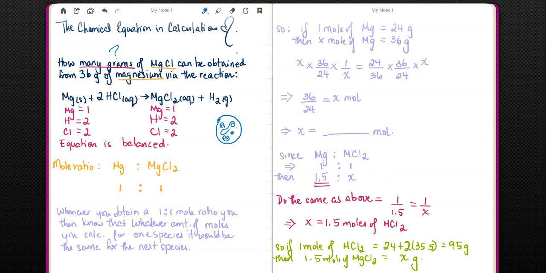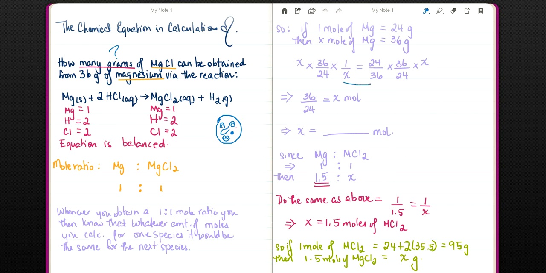So if 1 mole of magnesium is equal to 24 grams, then x mole of magnesium will be equal to 36 grams, right? Since you have a 1 to 24 and an x to 36 ratio, you write it as 1 over x equal to 24 over 36.